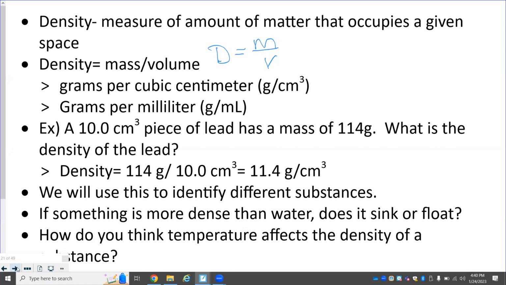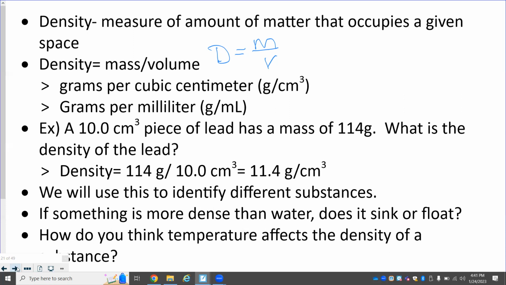An example of density: these are pretty straightforward problems. It's just being able to manipulate the formula overall. Here it says we have a 10 cubic centimeter piece of lead that has a mass of 114 grams, and it wants to know the density of the lead.